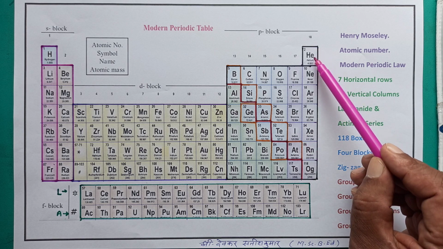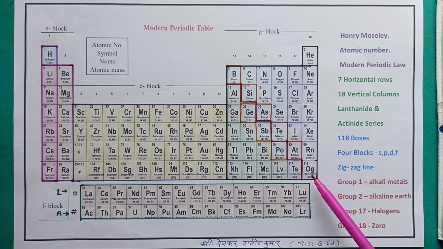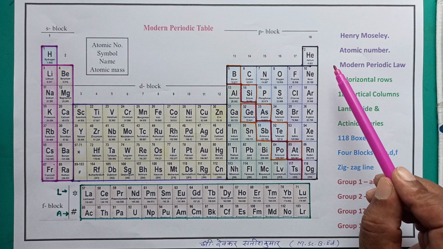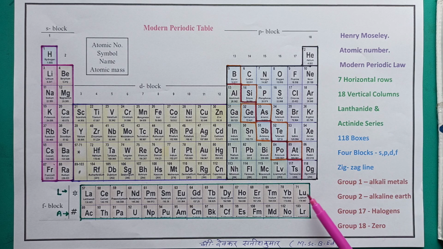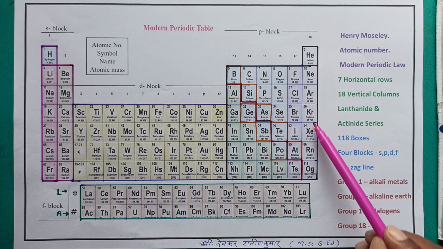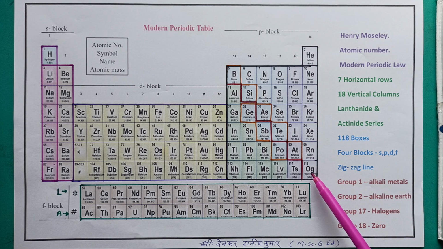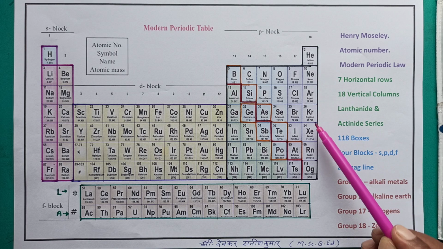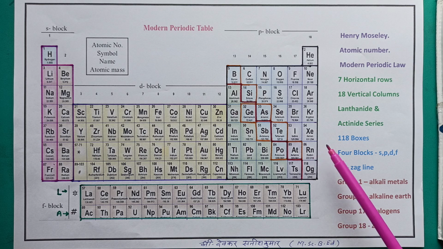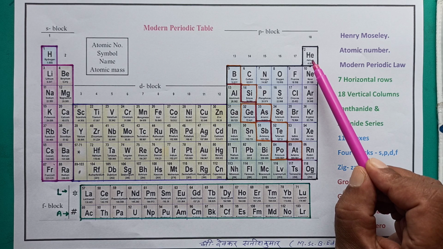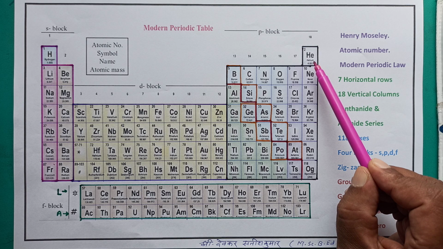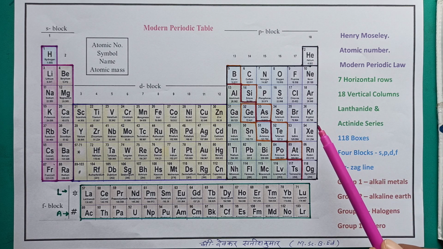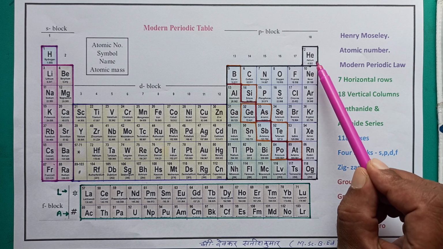Then the last group is the 18th group, and group 18 contains noble gases or inert gases, also called zero group elements. Helium, neon, argon, krypton, xenon and radon, these are the zero group elements. Helium contains 2 electrons in its outermost shell, so helium is stable.